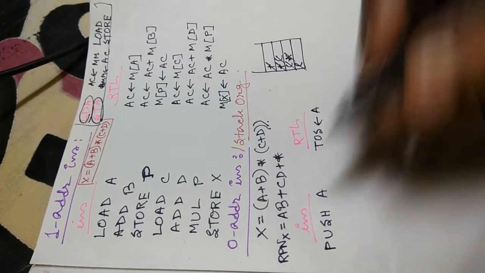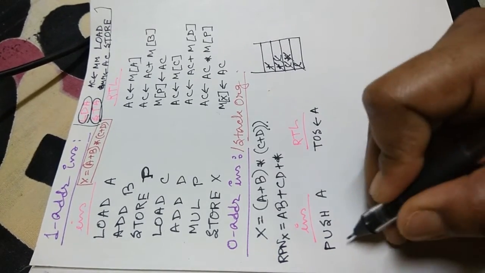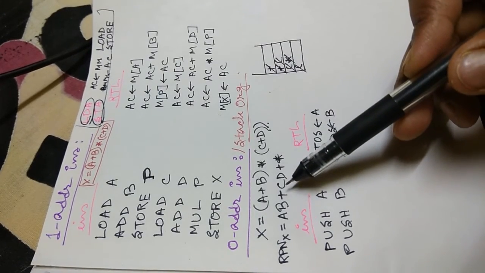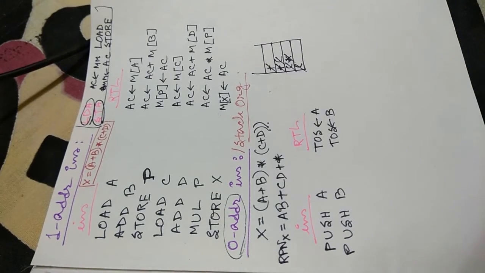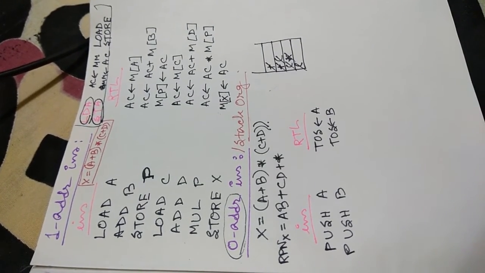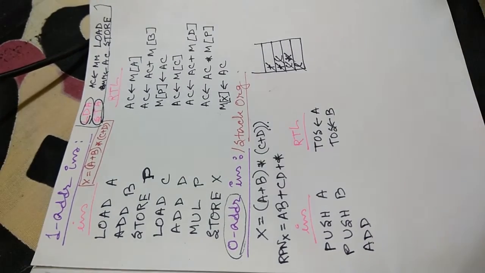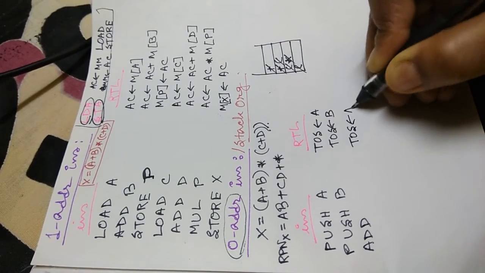Next we meet B. It is an operand, so push it. Next is what? It is a plus sign. That means add. See, it is a zero address instruction. In stack organization, we need to mention only the opcode, operation code. What is to be done? It is an addition, so write add only. That means top of the stack contains A plus B.